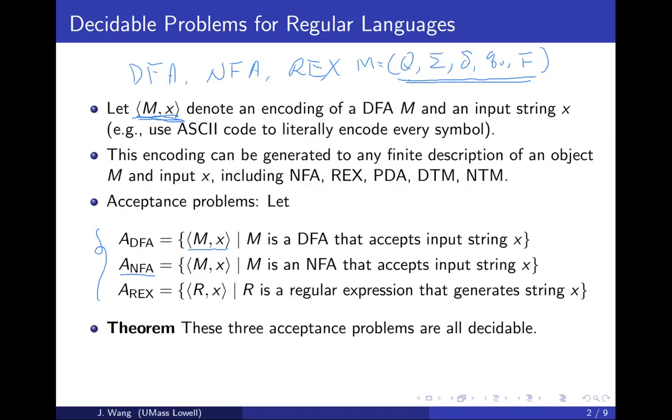A sub REX is an encoding of ⟨R, x⟩, where R is a regular expression that generates string x. All three of these languages are decidable because it's really straightforward to construct a Turing machine to determine whether this fact is true or not.